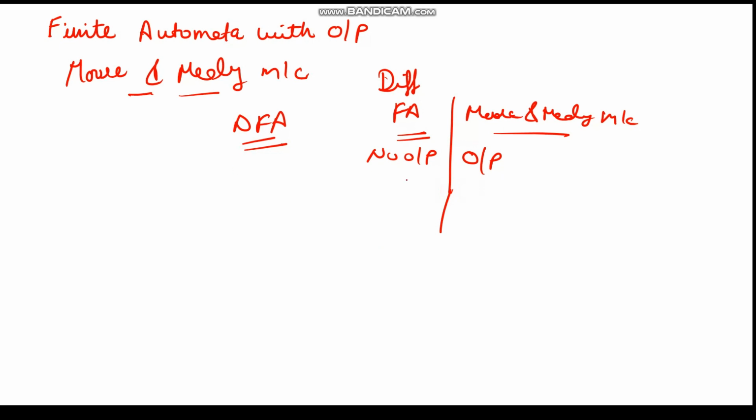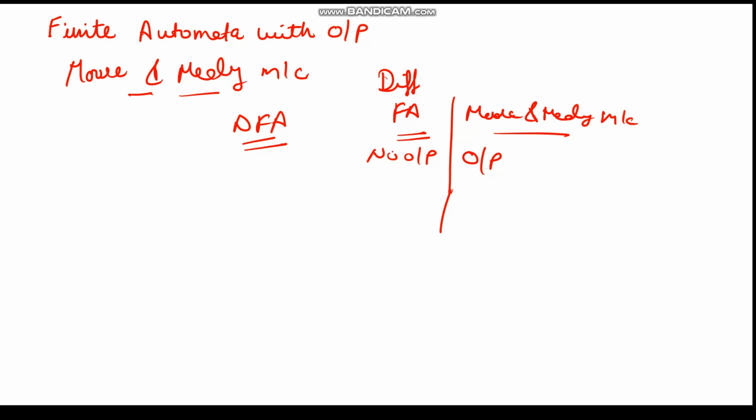They just check whether a string is accepted or not, meaning whether a problem is computable by finite automata or not. Moore and Mealy machines also tell us that the particular string is accepted by the machine, and also what type of output it will be producing.